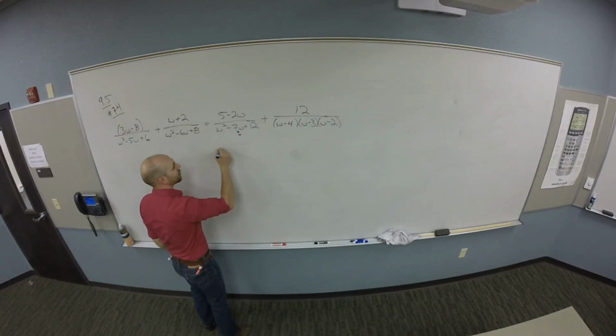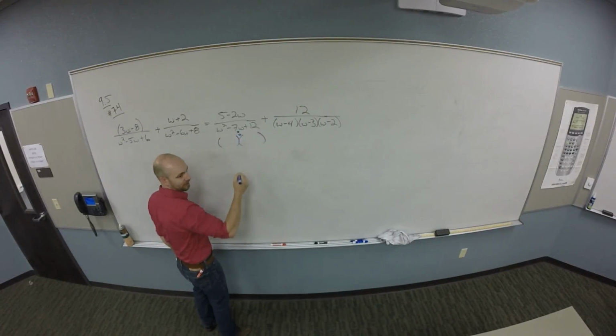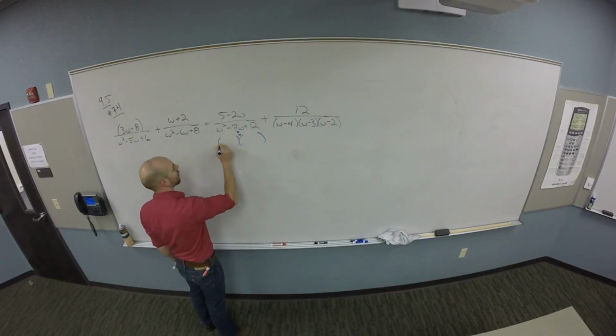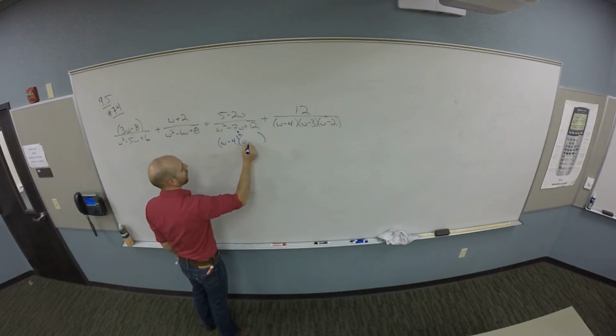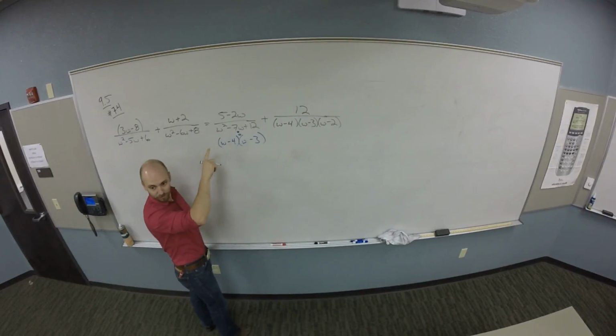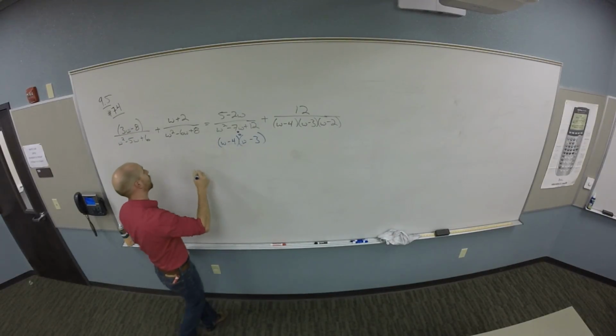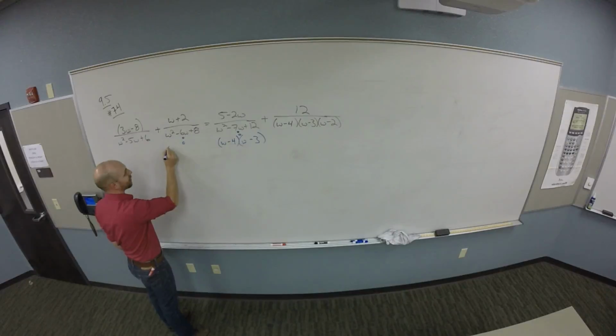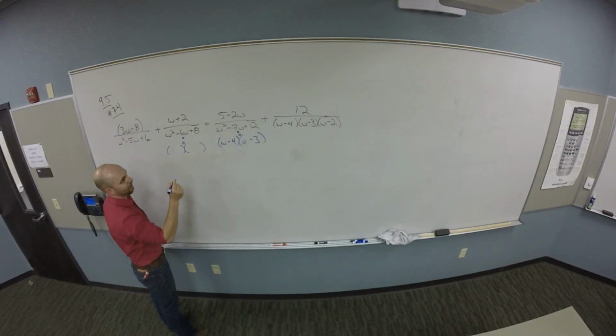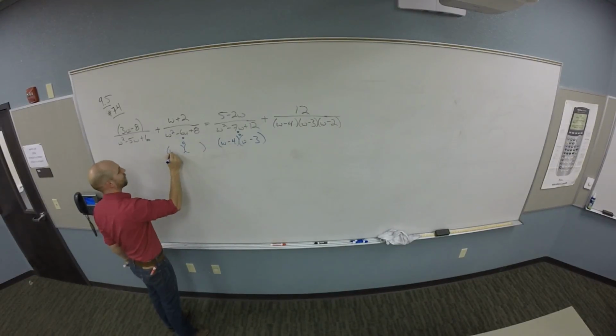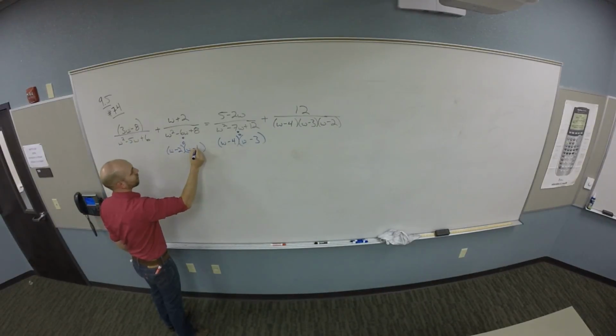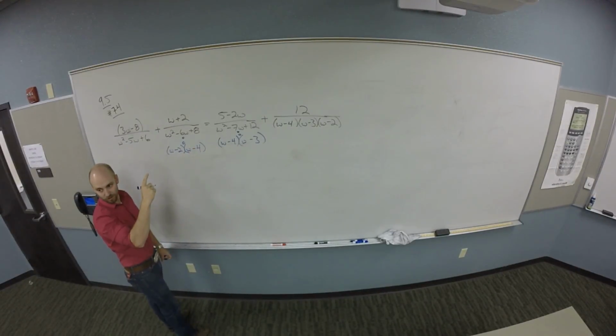So this piece, you think Michael is? W minus 4, w minus 3. Okay. Does that check? If I FOIL it back up, yep. Okay. What do I think this one probably is? W minus 2, w minus 4. Does that one check out?